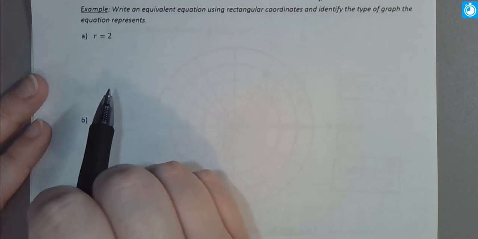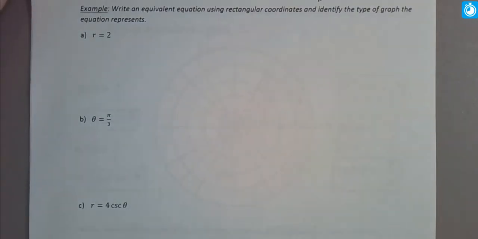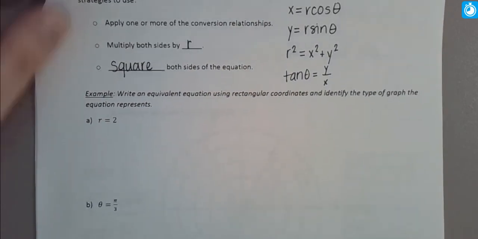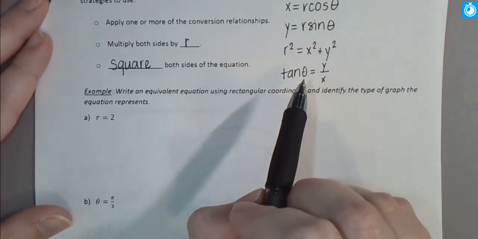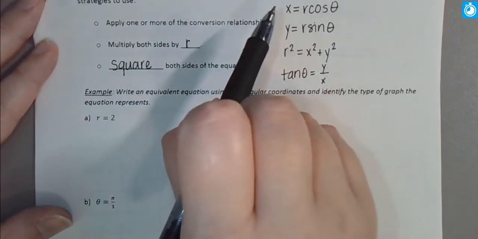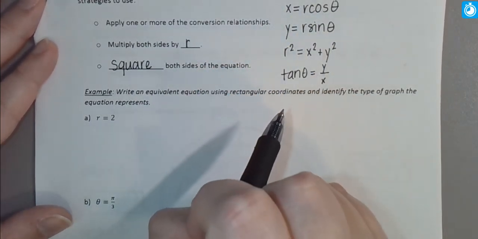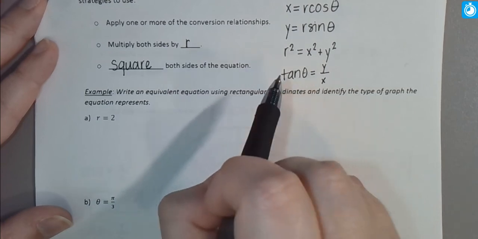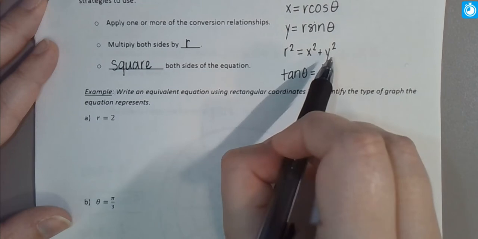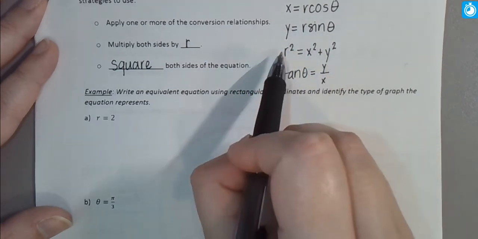So for our first equation, we have r is equal to 2, and our goal is to get x and y, replace that r with x and y. So here are our options. Now, we don't have any trig functions present, so that means these first two are not going to be a good option. We don't have a theta present, so this last one's not going to be an option either. So the conversion factor we're going to have to use is going to be this one in the middle.